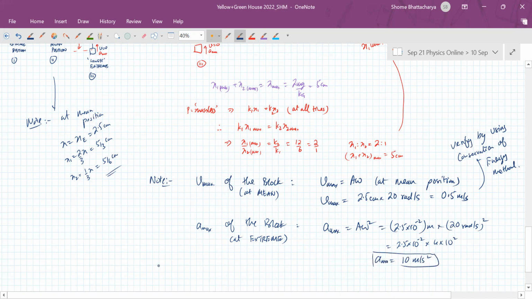You can also understand this from the free body diagram, FBD, at the upper extreme. X of the spring is 0, so there is only mg acting on it. So this acceleration should be equal to g.